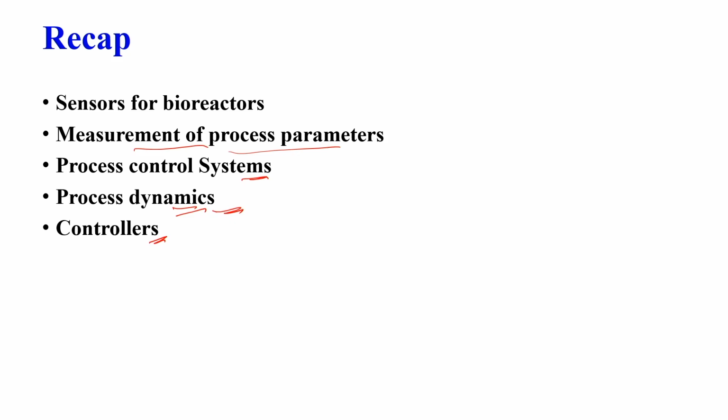Then we discussed different types of controllers, starting with proportional controller, then proportional integral, proportional derivative control, and the PID control. In addition to that, we also discussed the on off control, which is not very common in large scale settings, but at a small scale they are applied. So, with this we summarize the last module, the process instrumentation and control.